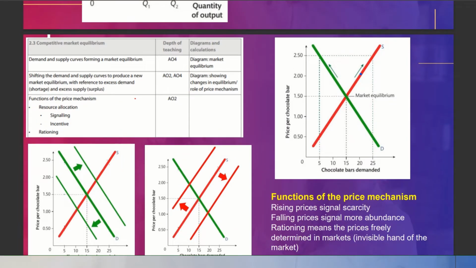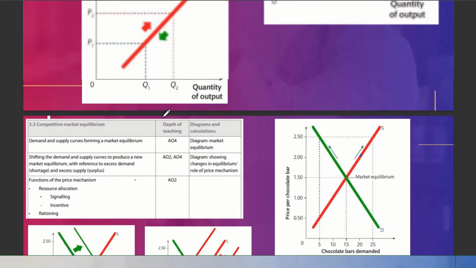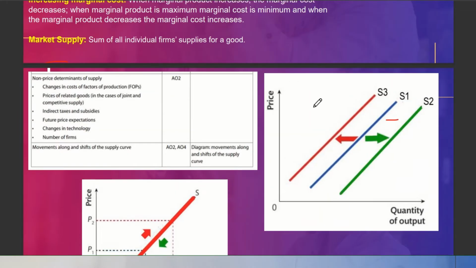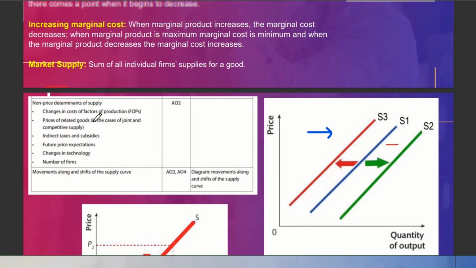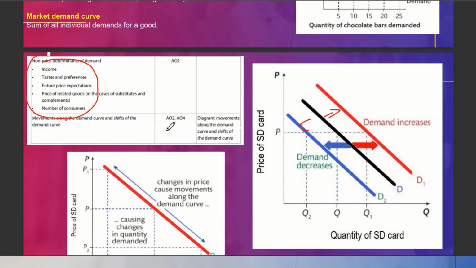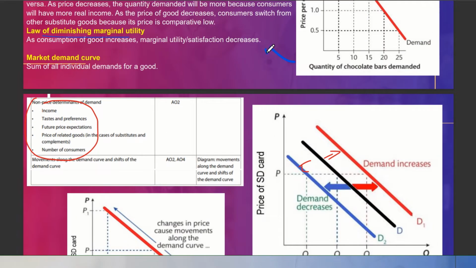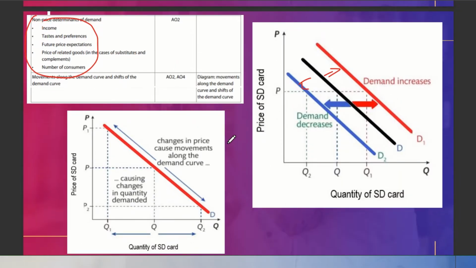Hello guys. In the previous part, we discussed how the supply curve changes and what the reasons are, and how the demand curve changes and what the reasons are. Remember, once again quickly repeating, non-price determinants only will shift the demand curve outward or inward, right side or left side.